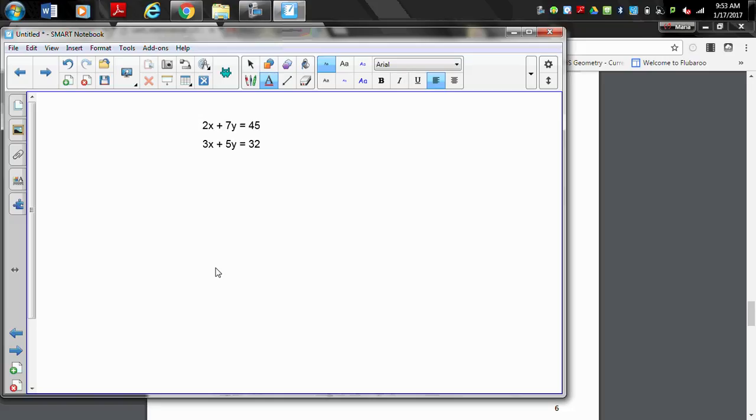The first thing you do is take the variables from this side and make a matrix, just like it is. 2, 7, 3, 5. The numbers on the other side become matrix B. So you have 45 and 32.